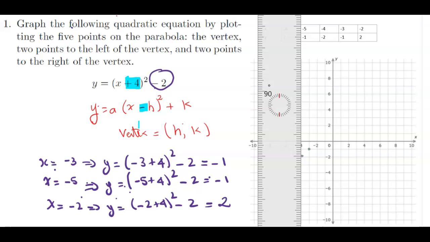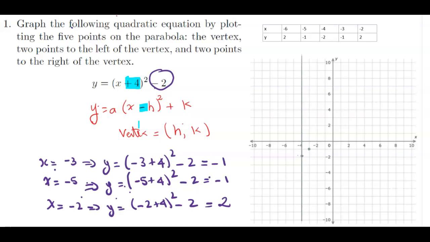This is your axis of symmetry, so you can refer to it. The next point is going to be here: minus 5 and minus 1. The following ones are minus 2 and 2, and minus 6 and 2, right here.